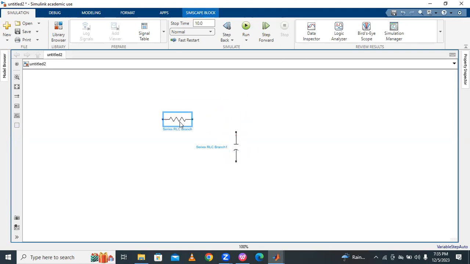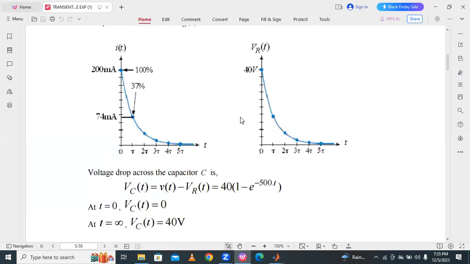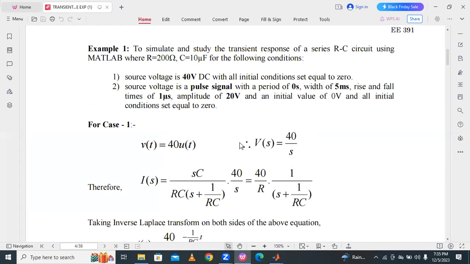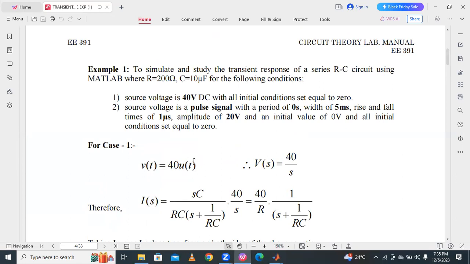This is an RC circuit, and our input voltage is V of t equal to 40 into u of t. This is our input voltage, 40 into u of t. That's why V of t is called a step input.